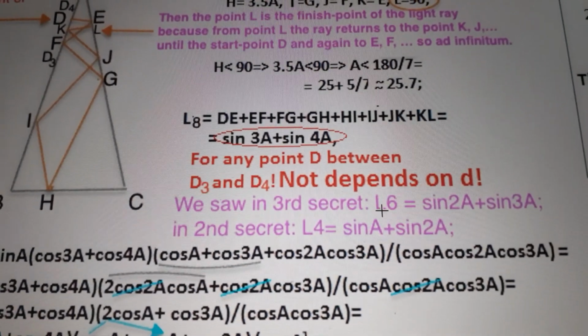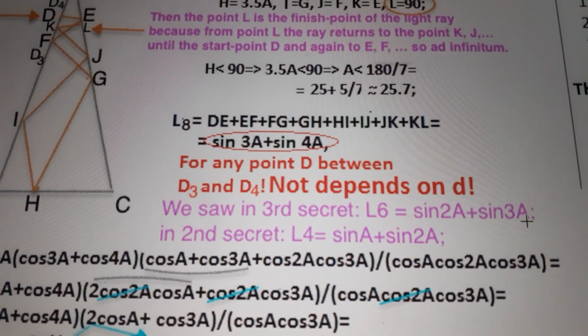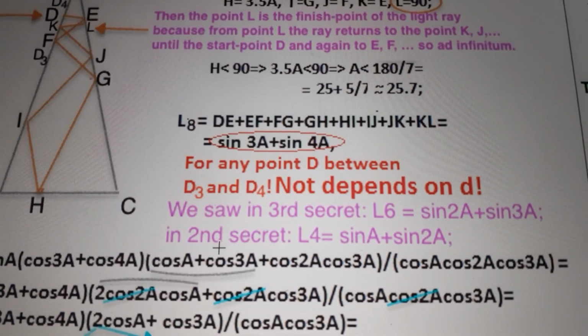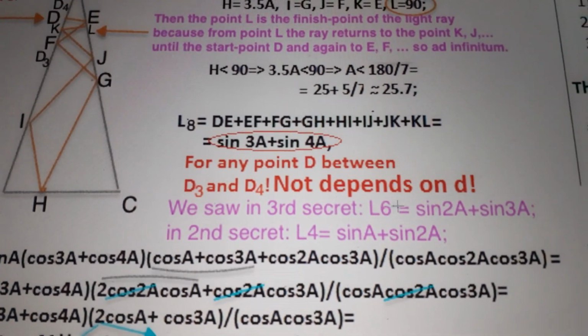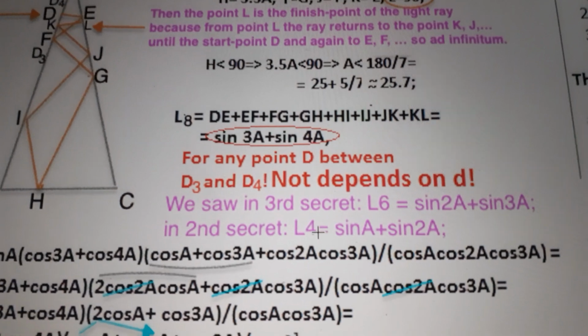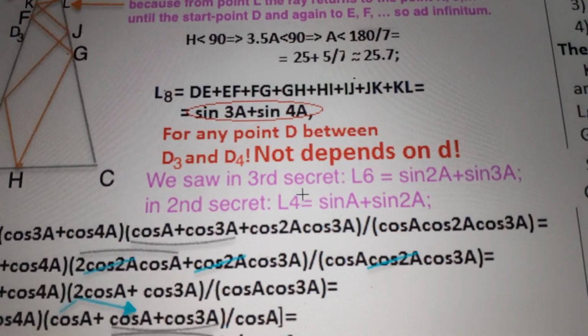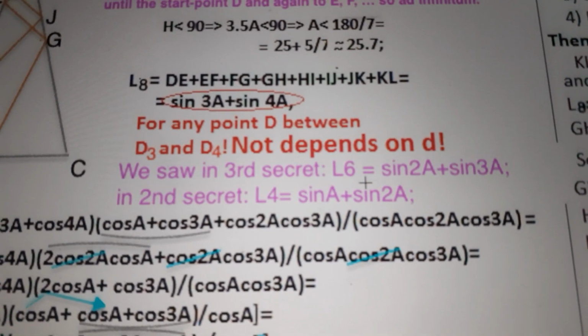We saw in the third secret such a formula, and in the second secret before this it is for 6 segments, and this formula for 4 segments, and we can here suppose the common law.